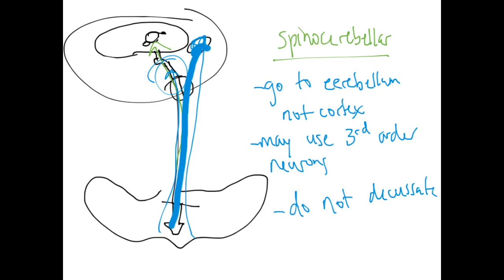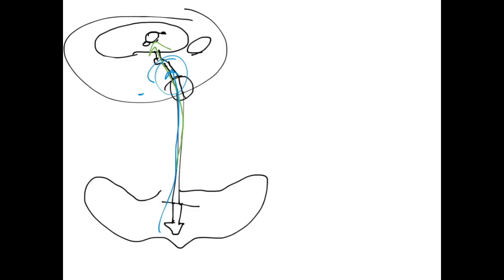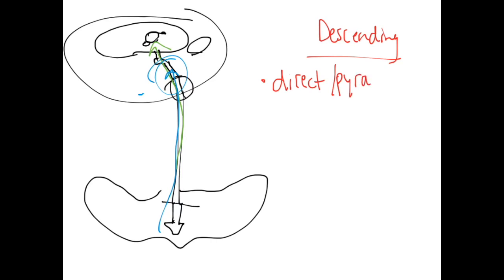So if we have ascending pathways, then we have descending pathways. So we'll talk about two descending. We've got the direct, or the pyramidal system.